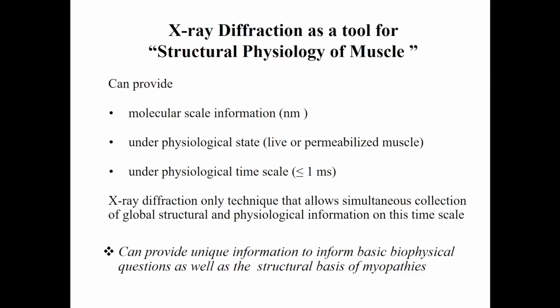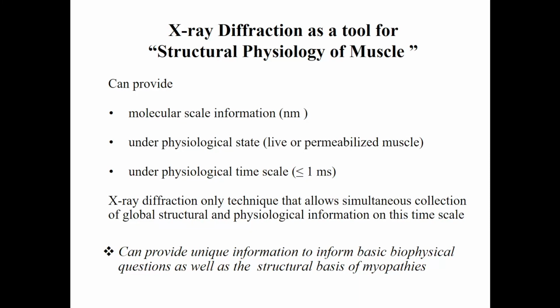It can provide molecular information at nanometer scale. It's not technically high resolution, but it is very useful at this resolution. And importantly, you can collect data under physiological conditions.